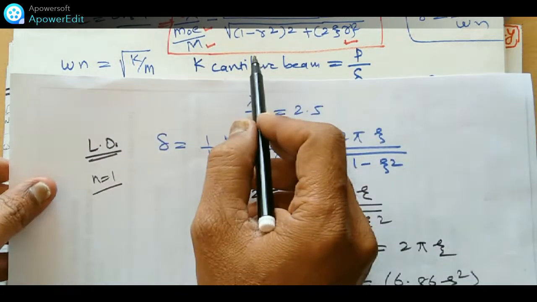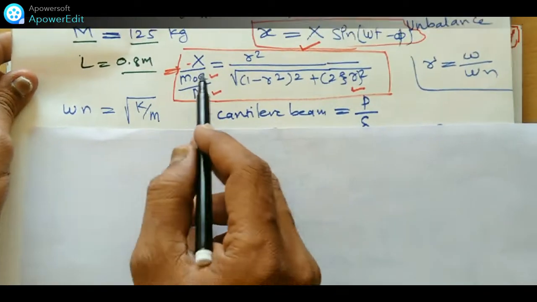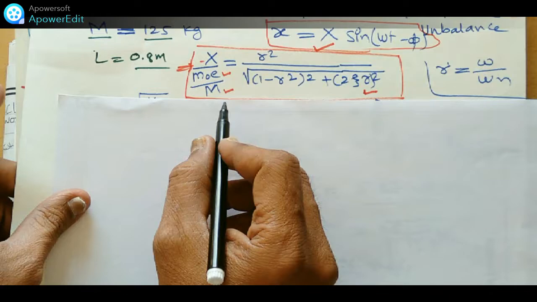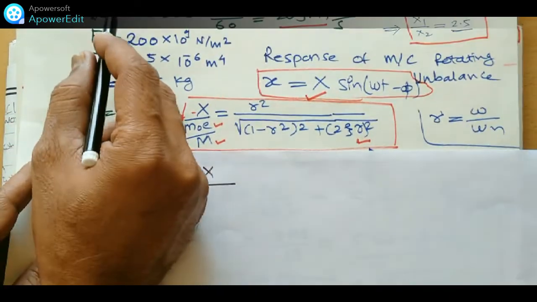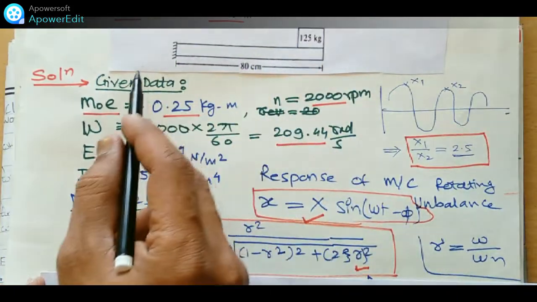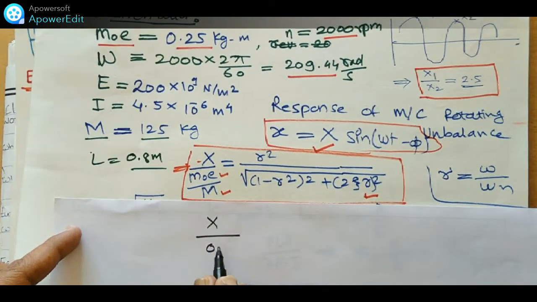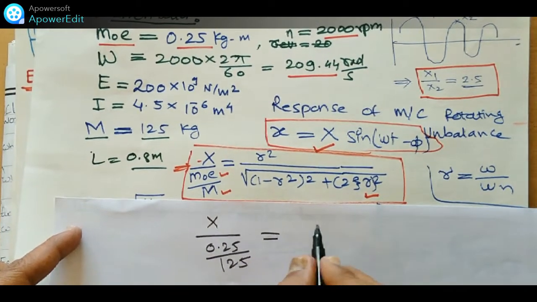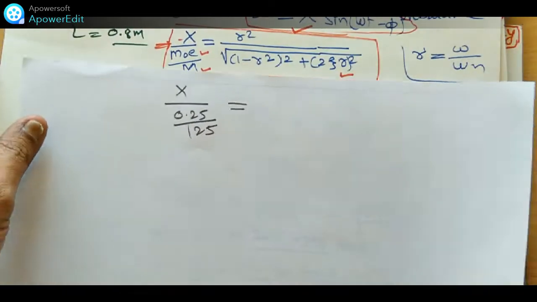Once we know the value of damping ratio, we can find out the value of X by using this formula. So what we have to find out? X we have to find out by using this formula. In this case, X upon MOE, MOE already known to us for this system. MOE is 0.25 upon 125, which is equal to this r square. R square we have already calculated here, that is the value of r 1.02.